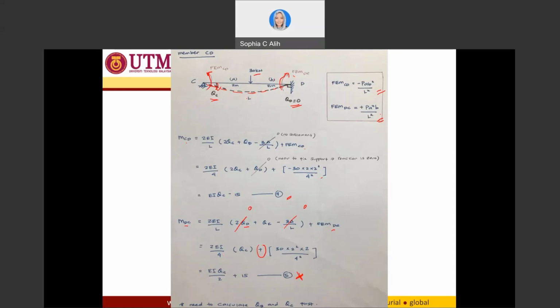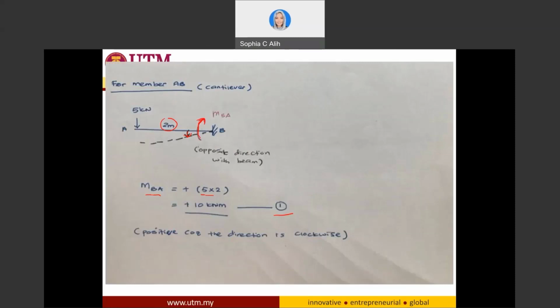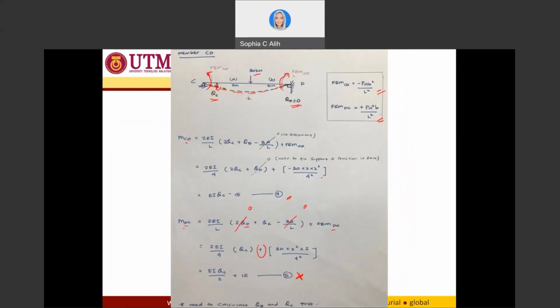Okay, now you have already derived the equations in order to determine the end moment for each end of the member that you have already cut. So you have this one, MBA. For this direction, since it is a cantilever, you don't have any moment. So you have MBA, you have MBC, MCB, and also MCD, MDC.